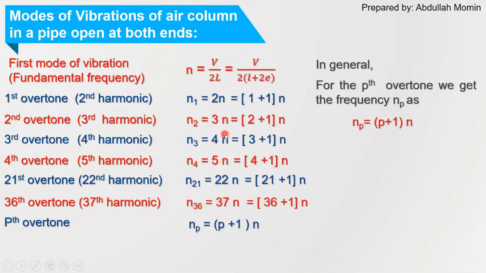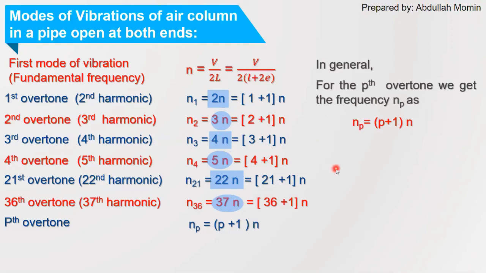So what we are going to say is that 2n is an even harmonic, 4n is an even harmonic, 22n is an even harmonic. So we are getting even harmonics as overtones, as well as odd harmonics. 3n is an odd harmonic, 5n is also an odd harmonic, 37n is also an odd harmonic.